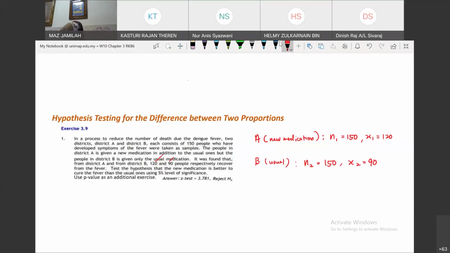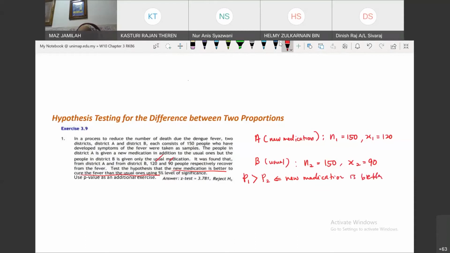Test the hypothesis that the new medication is better to cure the fever than the usual one, using 5%. If you are talking about the number of patients cured, the proportion P1 must be greater than P2. This will say that the new medication is better.